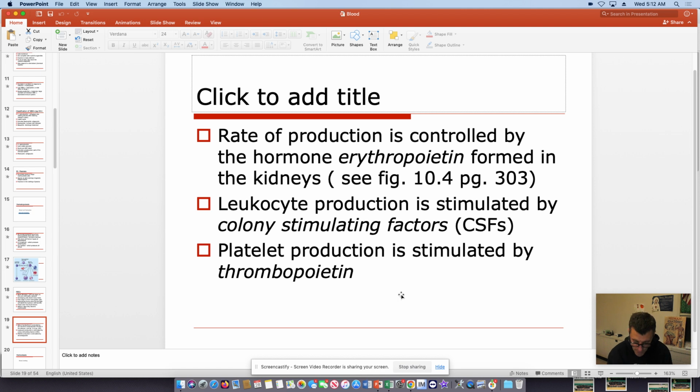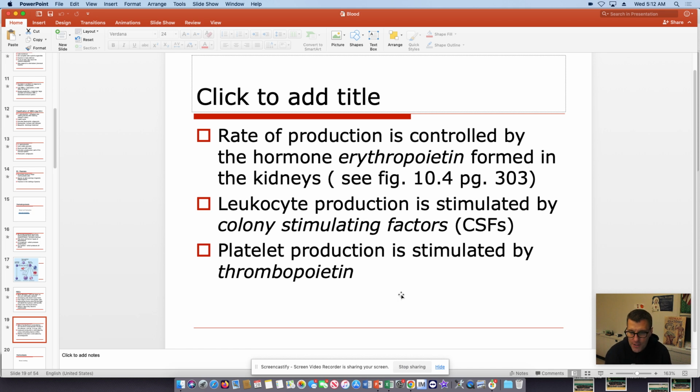And then, of course, that continues to balance as you have an increased oxygen carrying capacity with an increased number of red cells. Then it's going to shut off that triggering of erythropoietin.